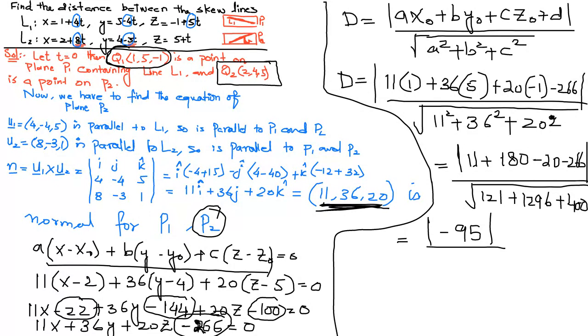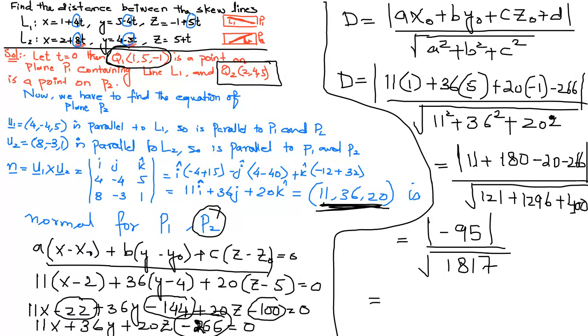Okay. Divided by 121 plus 400. Let me check again. 121 plus 400 is 521. 521 plus 1296 is 1817.